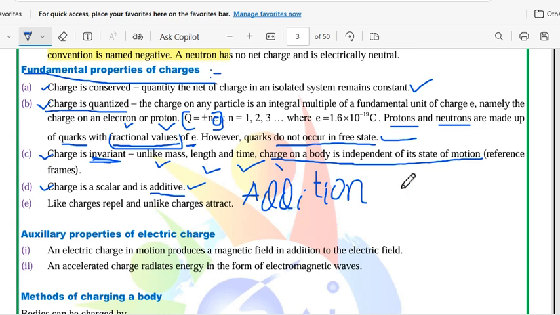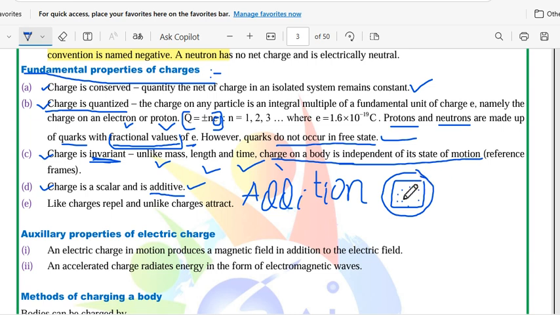Let us consider a system. If a system contains a number of point charges, the total charge on the system is equal to the algebraic sum of all the charges present in the system.